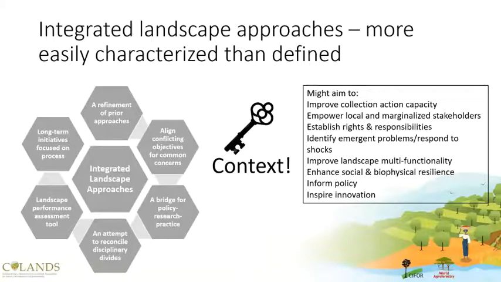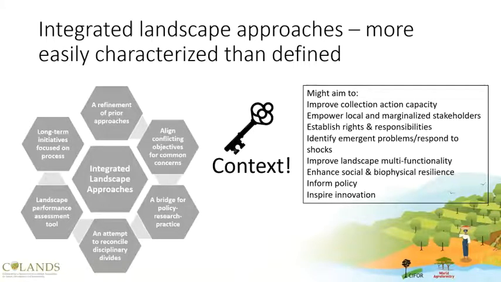And then on the right of the screen, some of the things that a landscape approach might aim to be doing. Obviously, improve collective action capacity is important. Empowering local and marginalised stakeholders. I think particularly in the early days of landscape approaches, this was a real key aim of these initiatives. Establish rights and responsibilities. Try to identify emergent threats or respond to shocks.